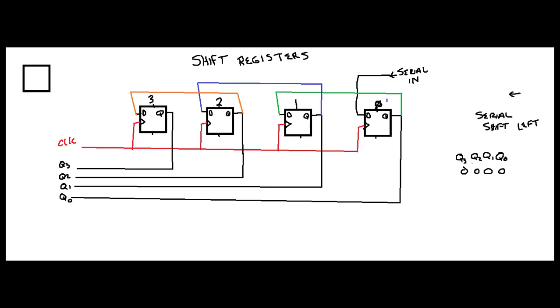Now, let's clock it, and we're going to clock a 1 in, a high bit. I'm going to draw this in light blue. So this 1 is going to come down here. It's going to be clocked in, so that's going to be a 1. Now what was in Q0 is now going to go in Q1, because here's your output.